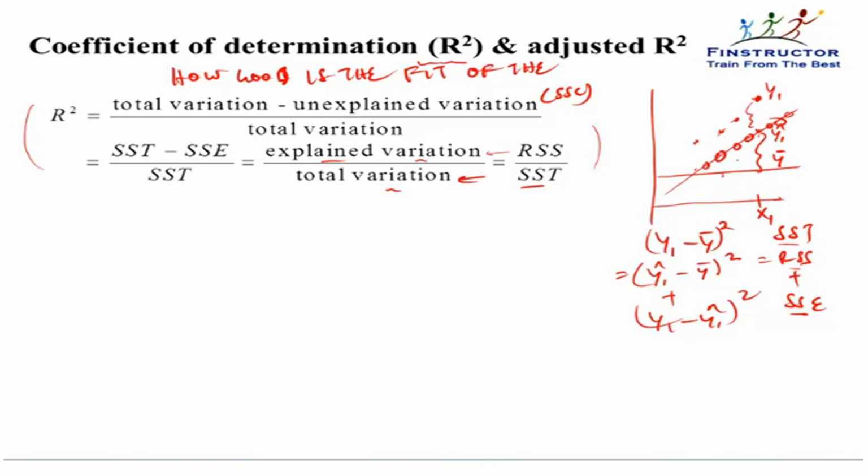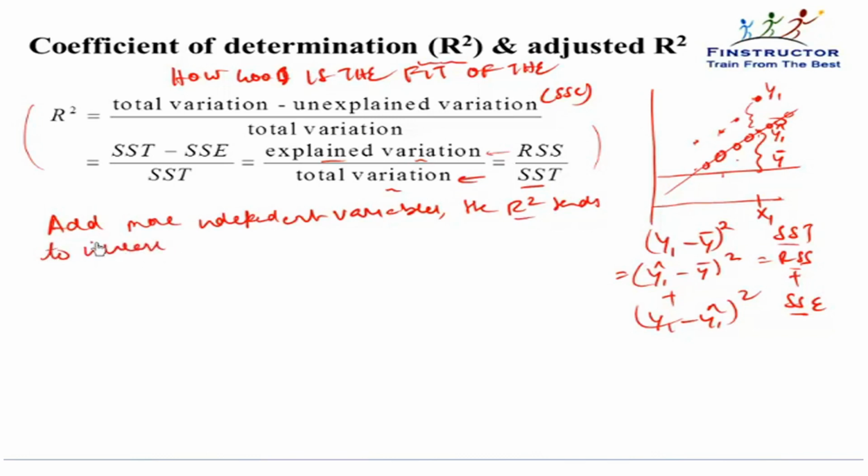In multiple regression, however, there is one additional issue. The issue is that as you add more independent variables, the R square tends to increase. It's just a mathematical phenomenon. Whether or not those variables have explanatory power, or they better my regression, the R square still tends to increase.